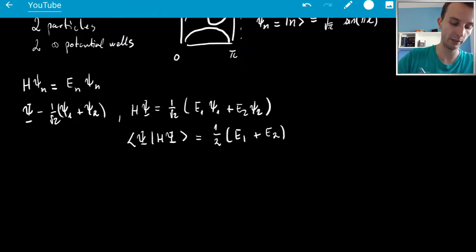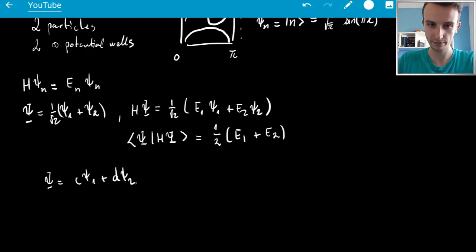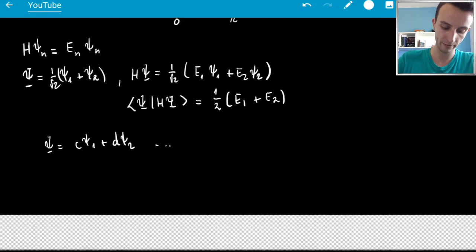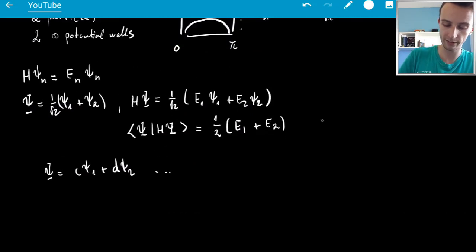Now this didn't have to be 1 over square root 2. I could have had different coefficients, like for example, psi is c psi 1 plus d psi 2, where c squared plus d squared, modulus squared, is equal to 1. And then of course I would get that there is a c squared probability. So maybe I will draw it like this.